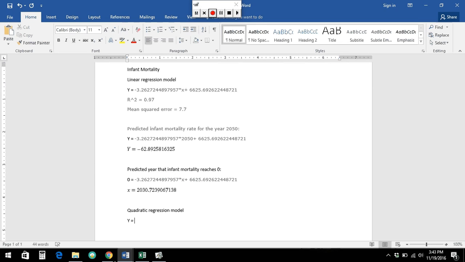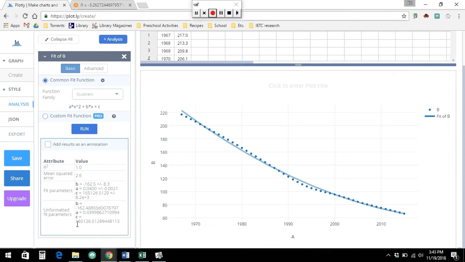And it is y equals, and now I've got a, b, and c, which represent the x squared, the x, and the constant coefficients. And I'm going to use, again, the unformatted fit parameters here. Now, the a value is the x squared coefficient, b is the x coefficient, and the c is the constant.